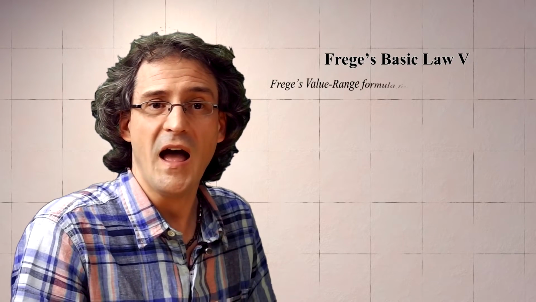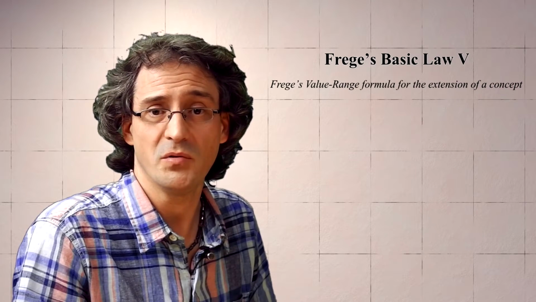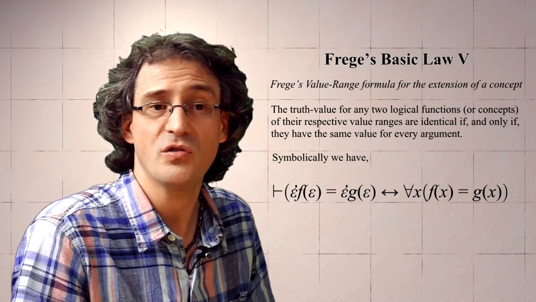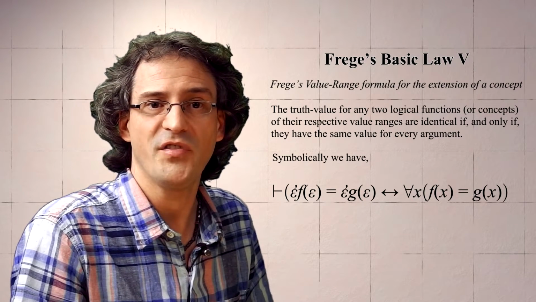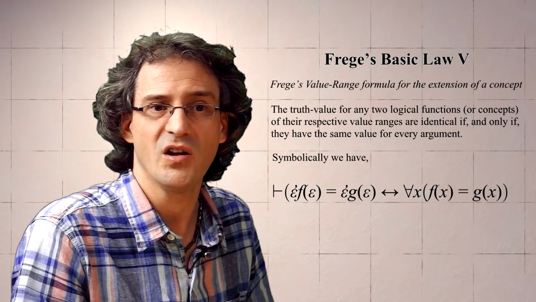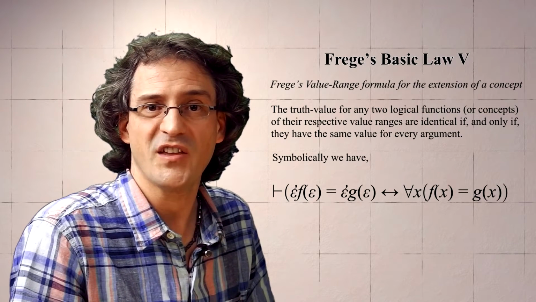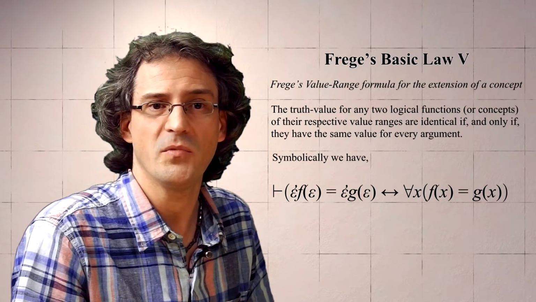The inconsistency was owing to Frege's ill-fated Basic Law 5, a type of abstraction principle which asserts that the truth value for any two logical functions or concepts of their respective value ranges are identical if, and only if, they have the same value for every argument.